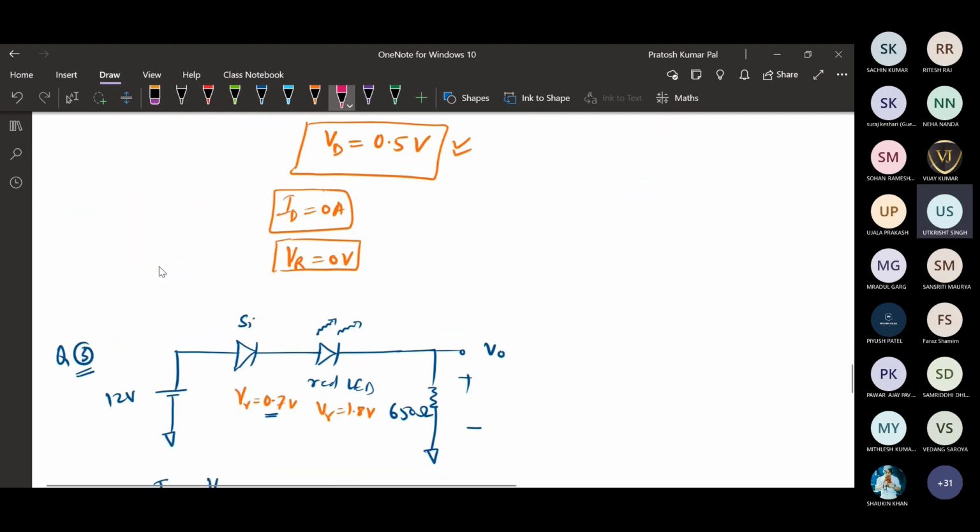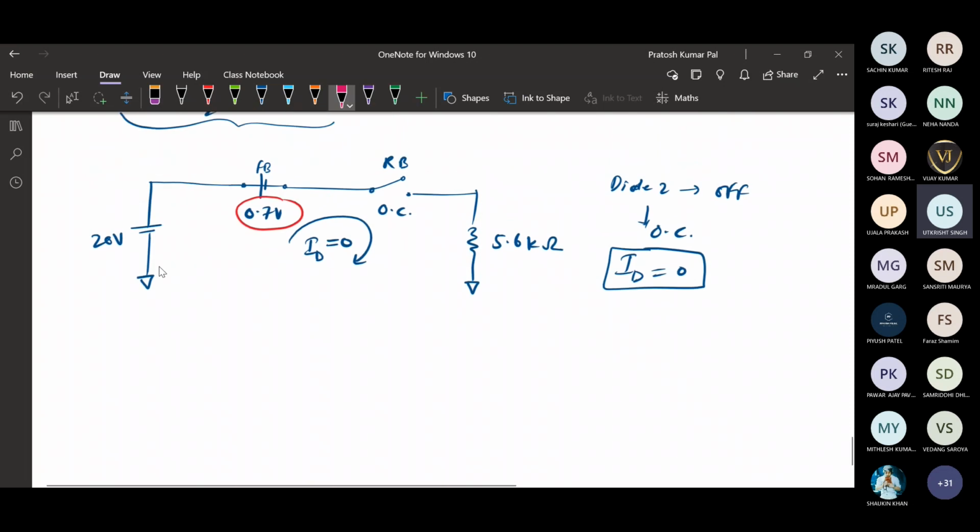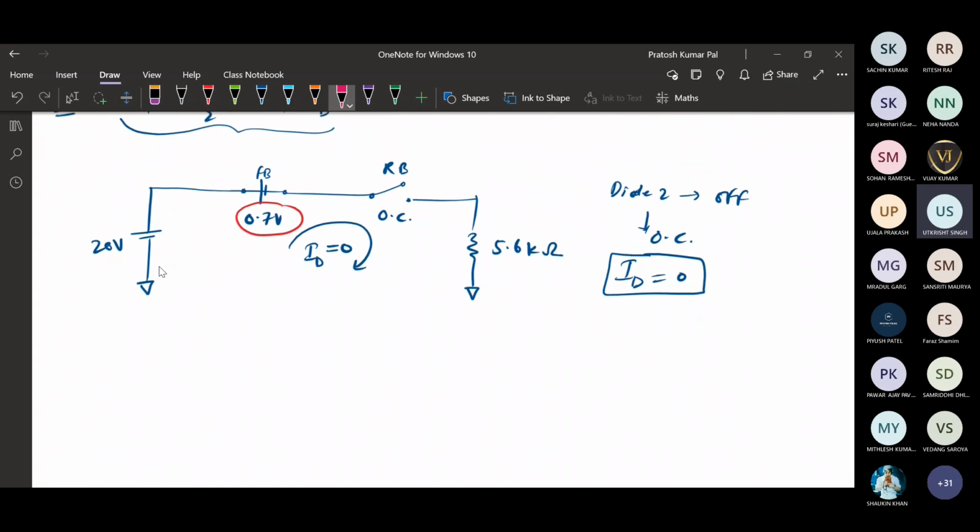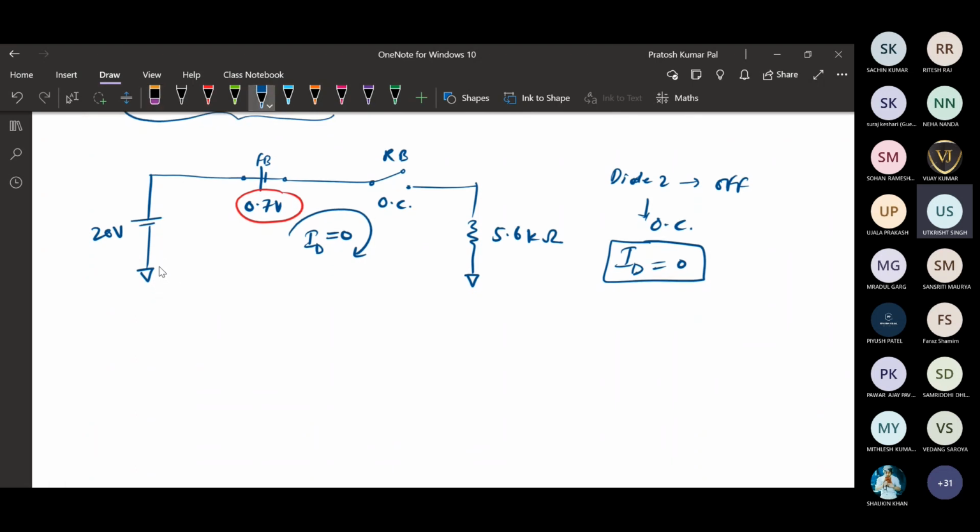But here the current flowing through this diode is 0. So when the current flowing through this diode is 0, we will not write the equivalent circuit as this. The equivalent circuit will be like plus 20 volt, and this will be in on mode, but the voltage drop across this forward bias diode will not be equal to 0.7 volt.